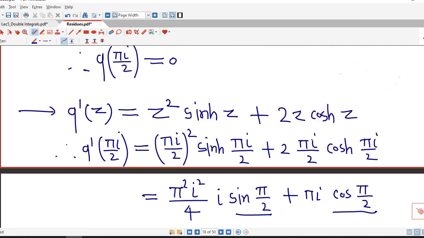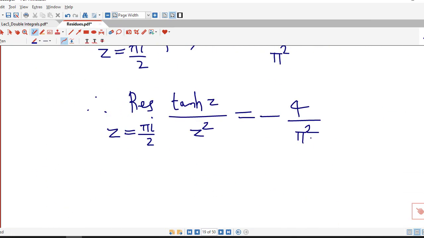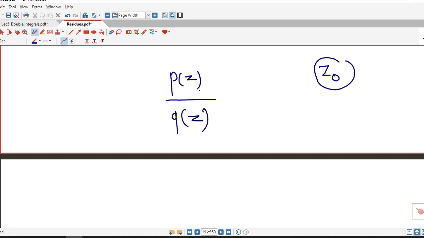So using this standard result, we are able to prove that the residue of this function is minus 4 by pi square. In this lecture we have used the result that if we have a quotient of two functions p(z) and q(z), then two conditions are required to calculate the residue at z0. The first condition is that both functions are analytic at z0.